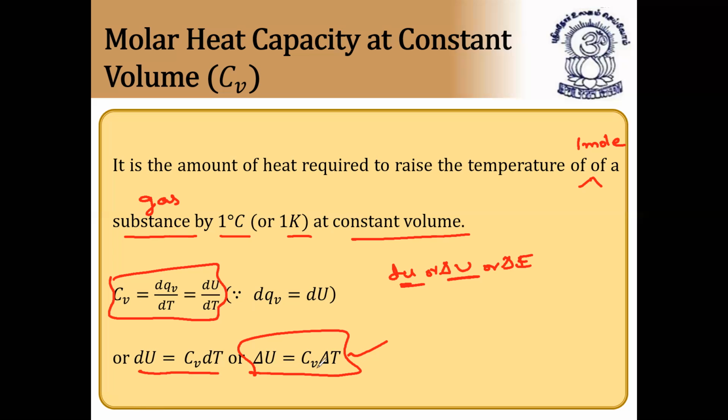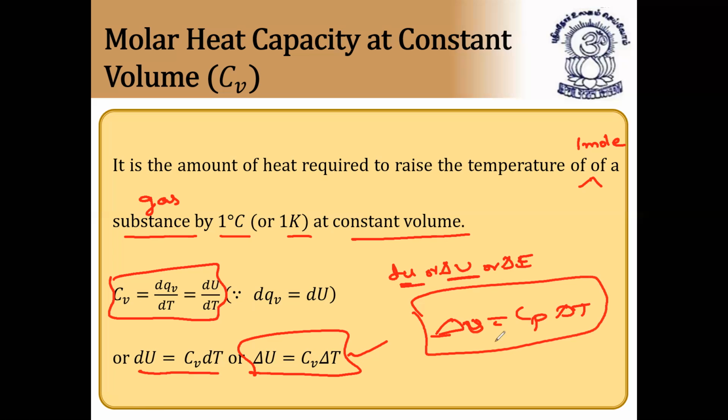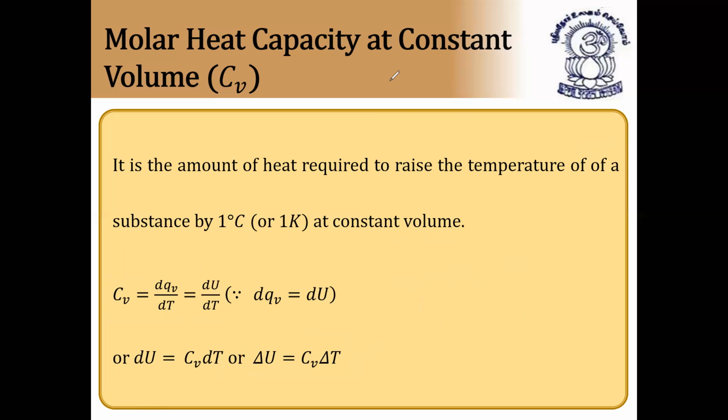Similarly, delta H is equal to Cp delta T, where delta T is the change in temperature, and Cp is the molar heat capacity at constant pressure. I hope it is clear.